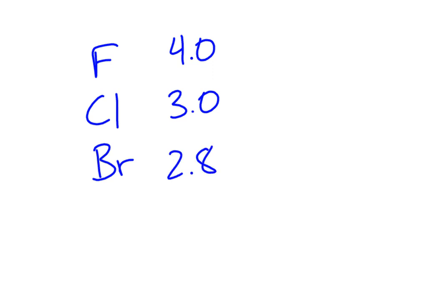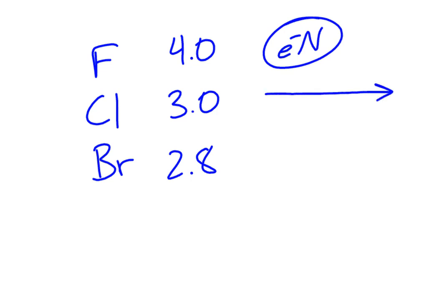So the trend that you should see right here is that electronegativity, which I'll tend to abbreviate like so, is going to increase as you go to the right, and it's going to increase as you go up.